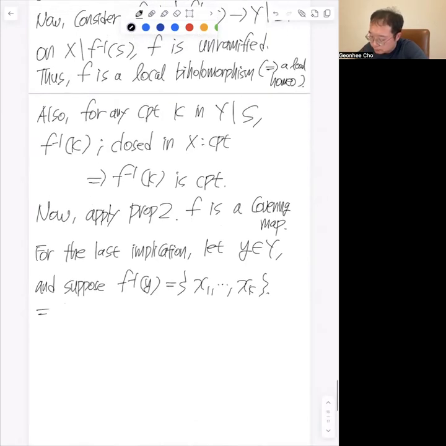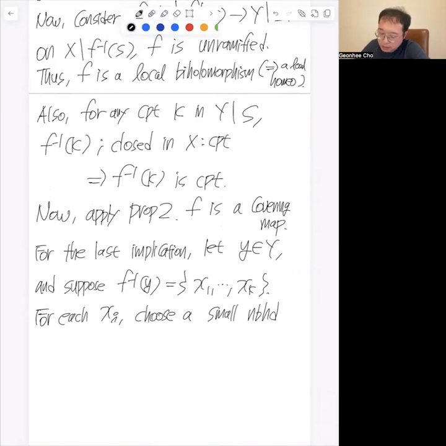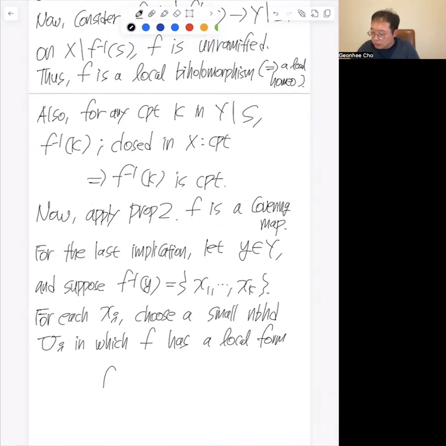So for each x_i, we are able to choose a small neighborhood, say U_i, in which f has a form z to the e_i. With a small neighborhood and a local coordinate, we can translate each point to be centered at 0, and there is a ramification index.